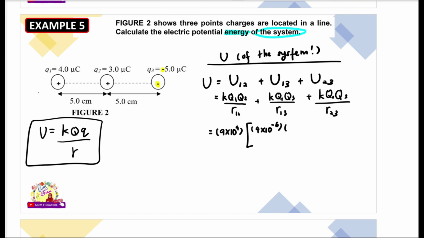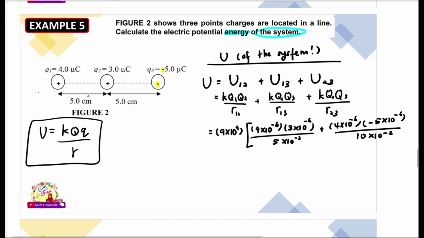Q2 is positive 3 microcoulomb over the distance between Q1 and Q2, R12 merujuk kepada ini 5 cm, tukarkan kepada meter. Okay, plus Q1 and Q3. Q1 is 4 micro again. Okay, Q3 is negative 5 micro over the distance between 1 and 3 is 10 centimeter.